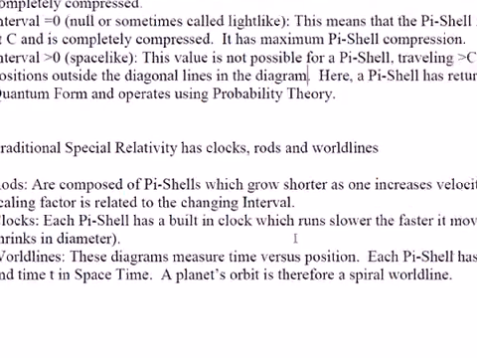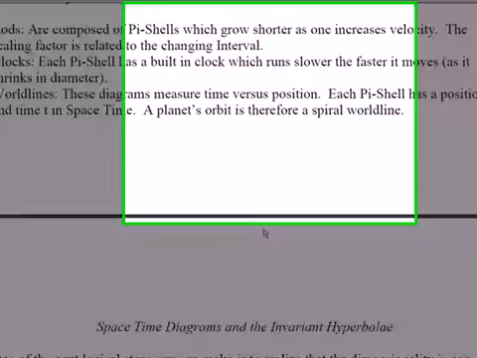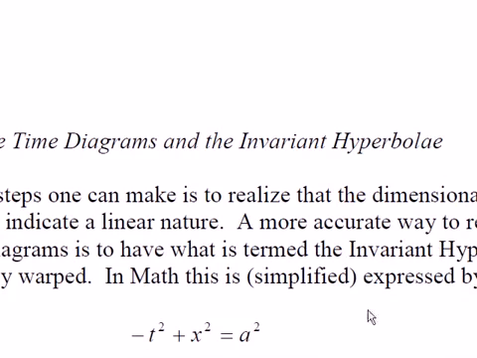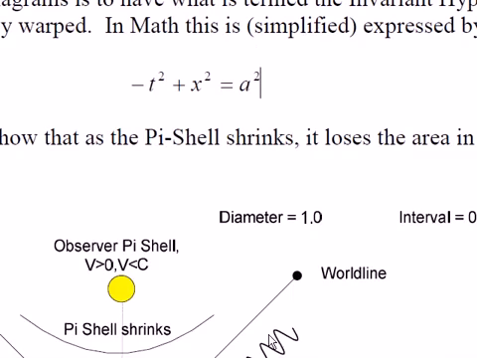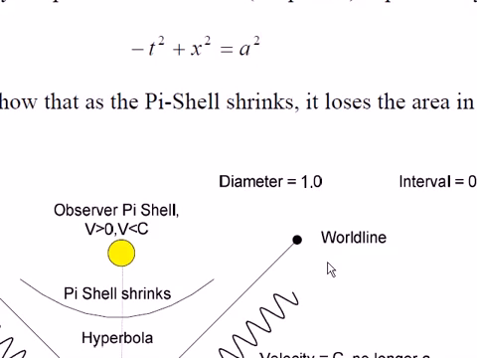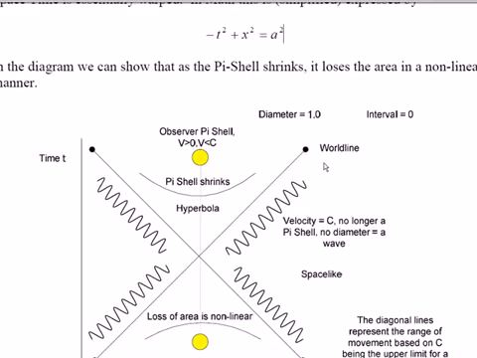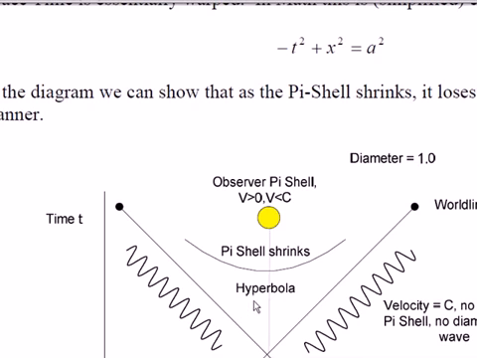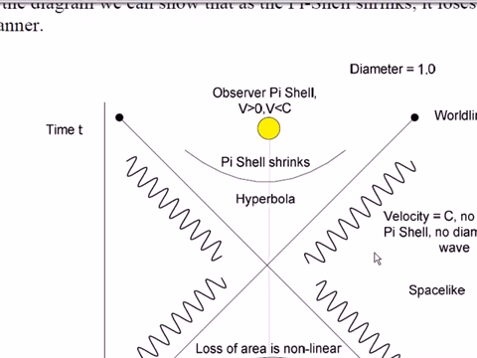But Minkowski came up with what was called the invariant hyperbola. He expressed this idea as t squared plus x squared minus t squared plus x squared is equal to a squared. What he showed was that the values that come out are non-linear, and he called this a hyperbola. The reason we have a hyperbola, the squaring function here, is because we're dealing with area change.